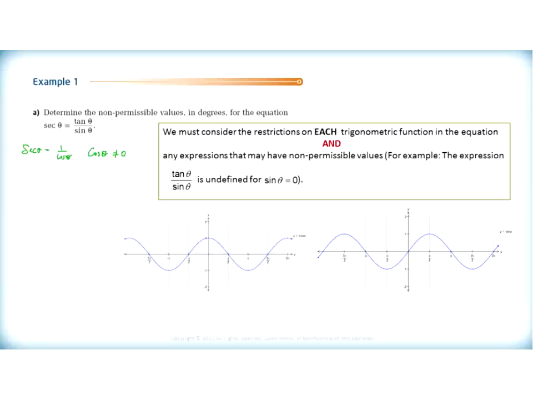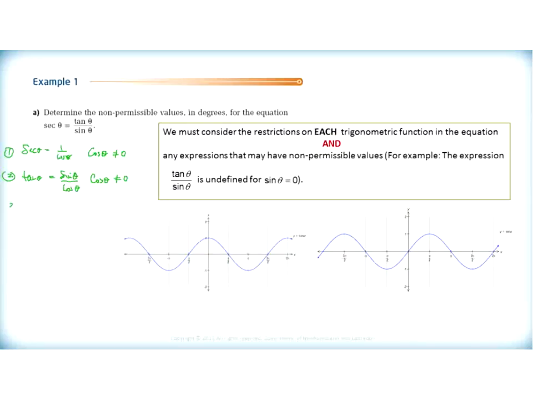So that's our first trigonometric function. Let's look at tan theta. Tan theta is equal to sine theta over cosine theta. Are there any values of theta when this function is undefined? And again, the answer is yes, because cosine theta cannot equal 0.